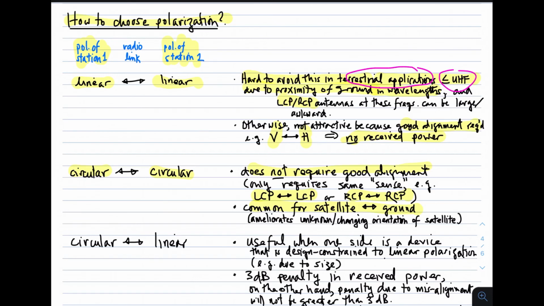And that's because it ameliorates the problem that the satellite might be rotating with respect to the direction to the ground station, and therefore we can tolerate that with no loss of power. So this choice is common in satellite communications. It's also common when you can put the antennas way far up, high up in the sky, and away from the ground, and then you have a similar advantage.